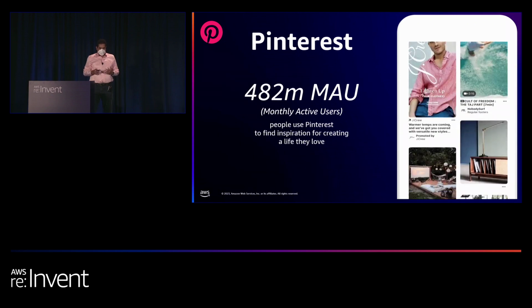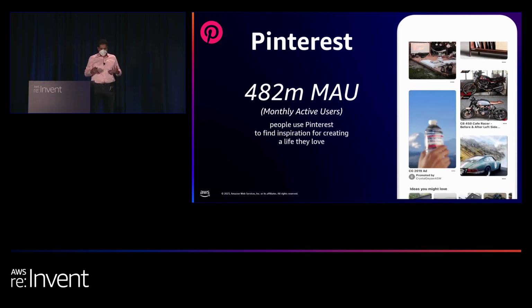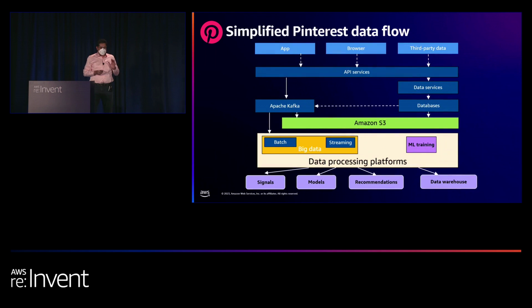In terms of how that actually translates into data processing, here is a highly opinionated overview of what the data flow within our infrastructure looks like. Users are manipulating pins and boards, and they're doing so via apps and via the web browser. And there is also a source of third-party data, for instance merchant catalogs and things like that.